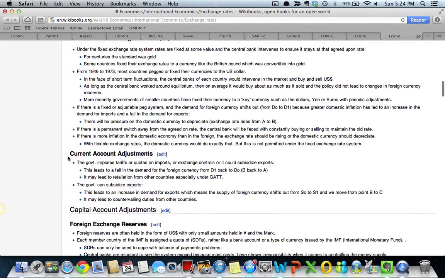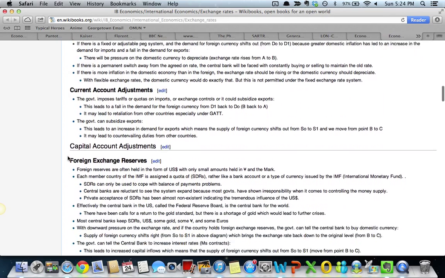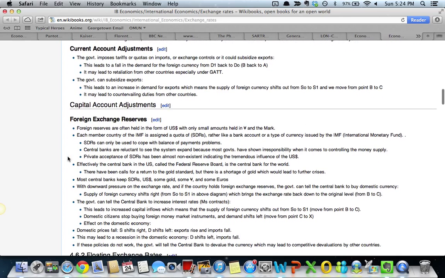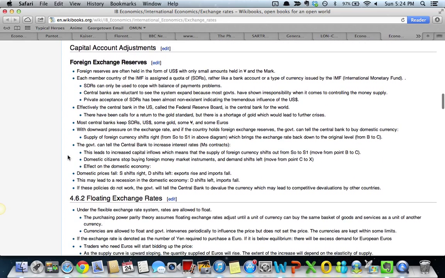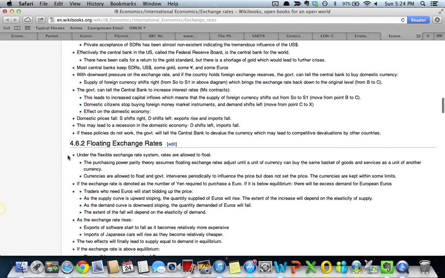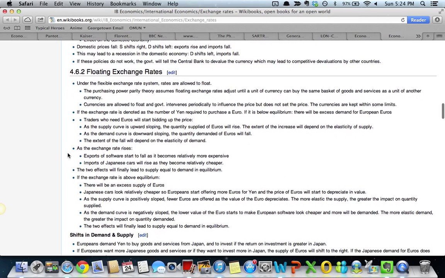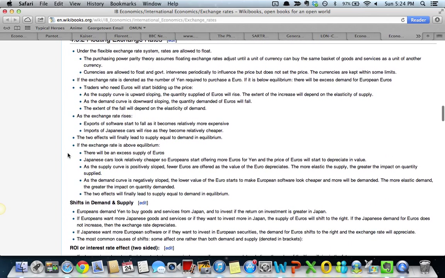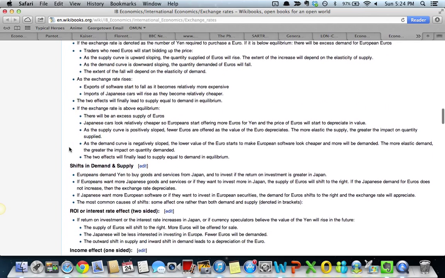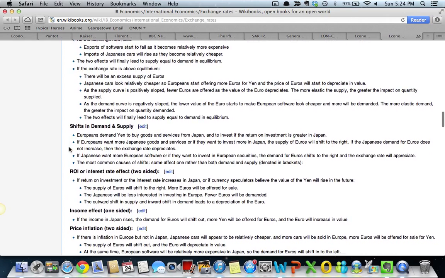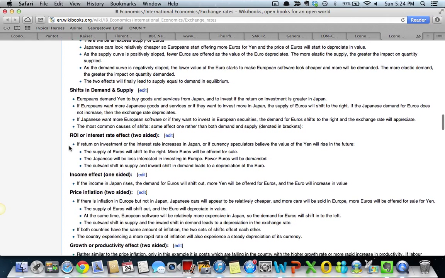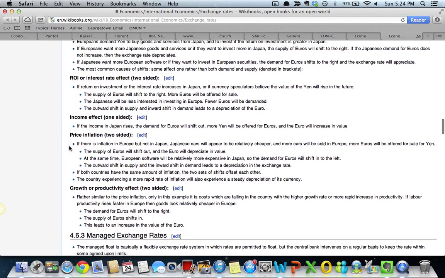What else? Get yourself a diagram booklet, a bunch of definitions. Yeah, as you can see, there's a ton of it, and maybe this is the most important part of the international economics section. Yeah, can't wait to study it.